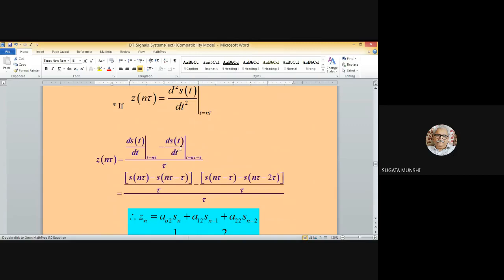The first derivative at t equal to n tau minus tau, if you replace it with this backward difference relation, will be s(n tau minus tau) minus s(n tau minus 2 tau) divided by tau. So the difference of these two terms constitutes the numerator of z(n tau). In the denominator, you have tau. So here you will have a tau here.